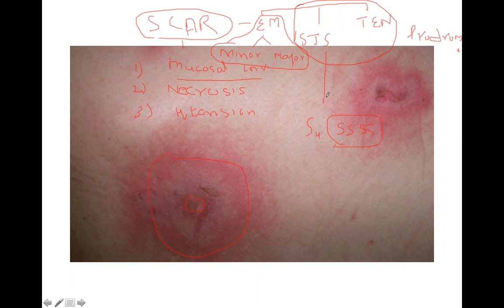It is mainly an immune complex mediated hypersensitivity reaction. There is a long list of drugs. Any drug can cause Stevens-Johnson syndrome or TEN: quinolones, any antibiotic, sulfa drugs, anti-epileptics, NSAIDs, ACE inhibitors. So there is a prodrome, involvement of two or more mucosa, and the third characteristic is skin necrosis.